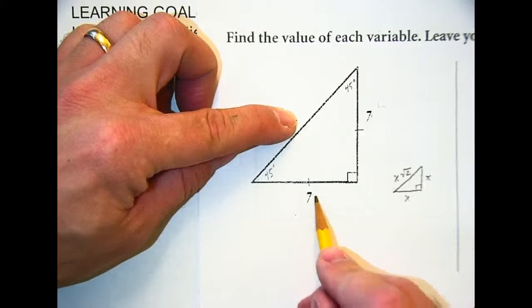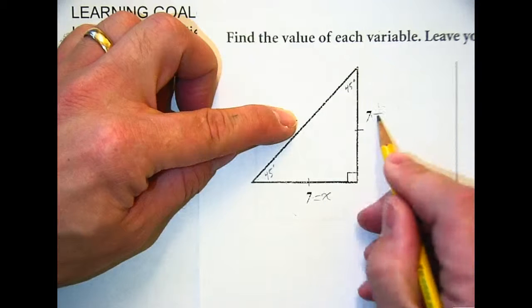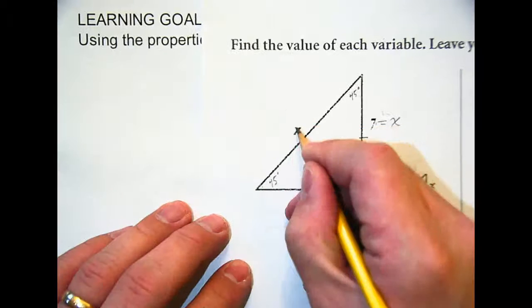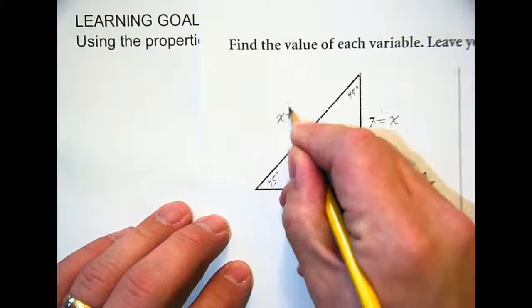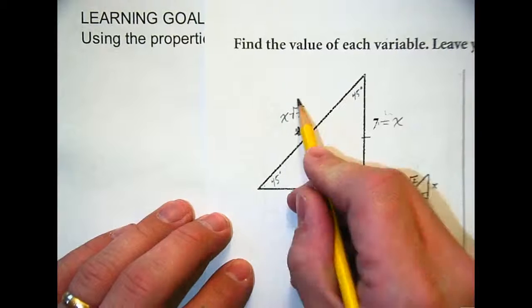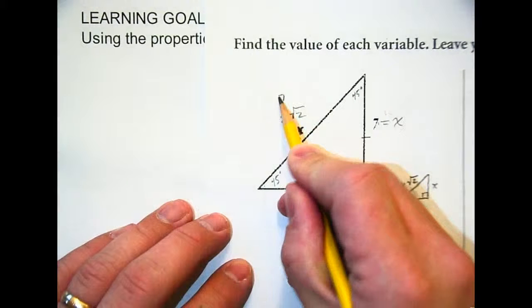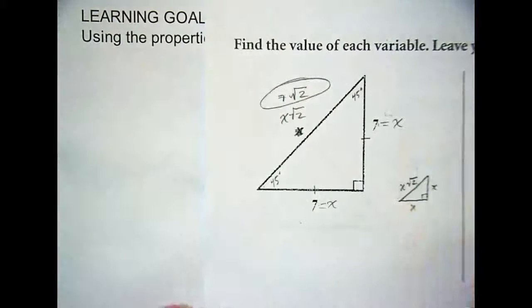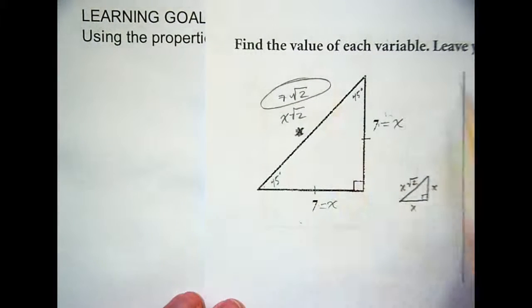So if that's 7, that's equal to x. This is 7, that's equal to x. This x right here is actually called x root 2. So that length right there is x root 2, so that means this is actually 7 root 2. Okay, so that's the benefit of knowing this relationship.